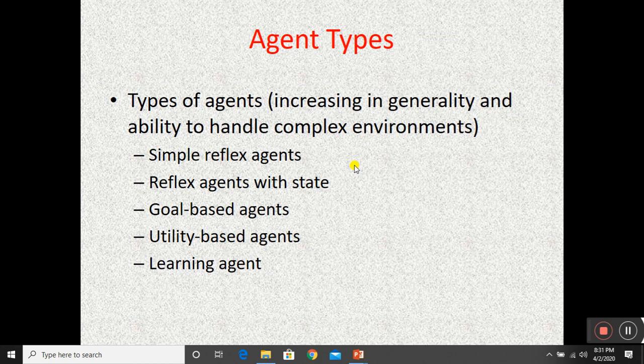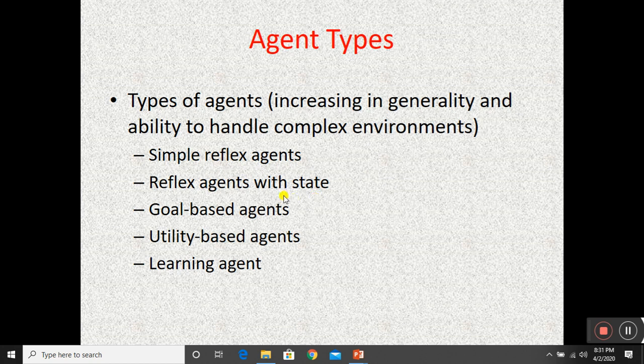In this slide, you can see that there are different types of agents. The first type is simple reflex agents. The second type is reflex agent with state.